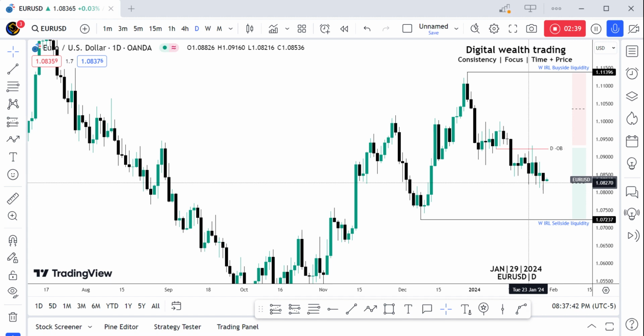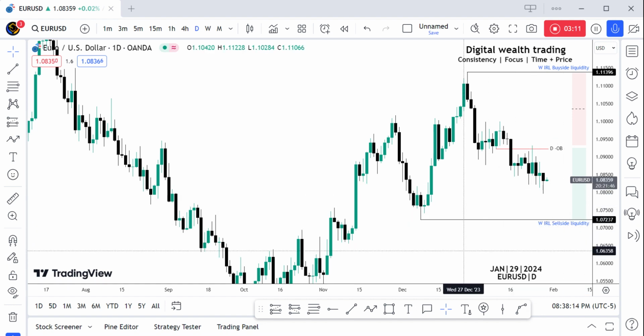So I tend to put it like this in my journal: it takes out the Friday low and previous week low sell side liquidity, and price went higher and then lower into the daily ICT bullish order block, which is the one I'm just explaining. Now the daily ICT order block will not have much effect on price if Euro is interested in the sell side liquidity, which is our overall draw on liquidity.